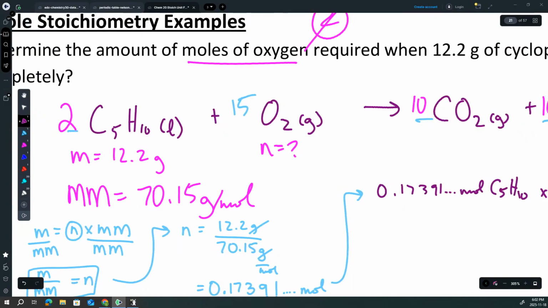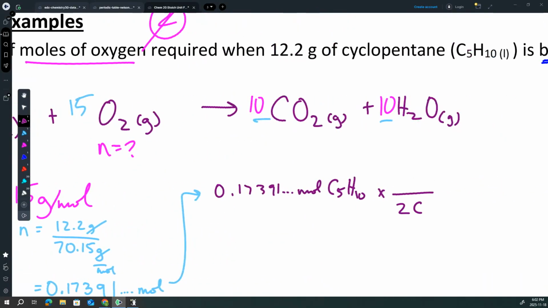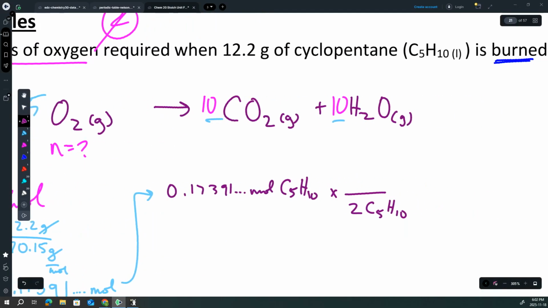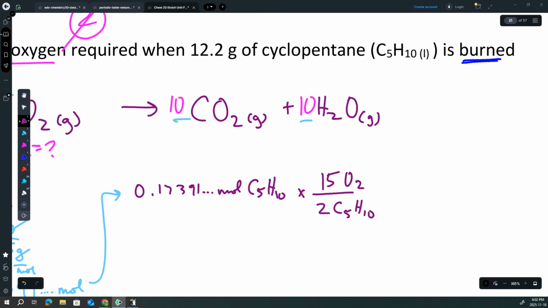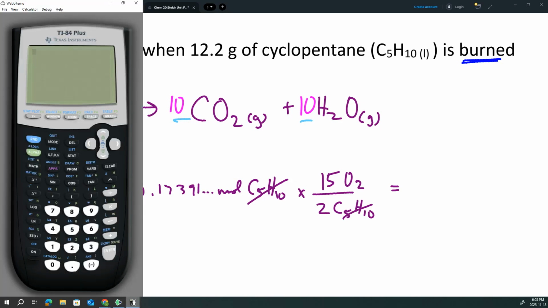So we are given cyclopentane, and we want oxygen. If you treat cyclopentane kind of like a unit, these cancel out. So we're taking our 17.391, timesing it by 15, dividing by 2.